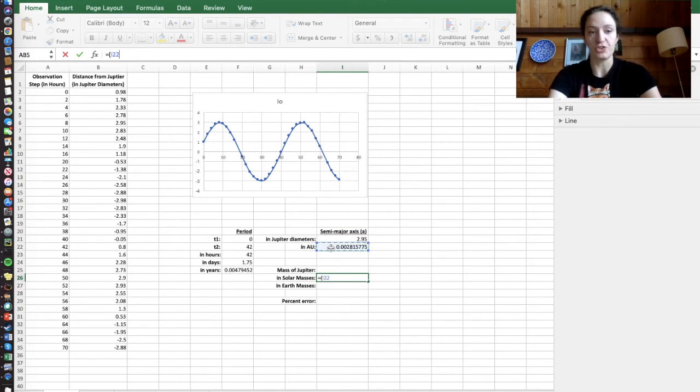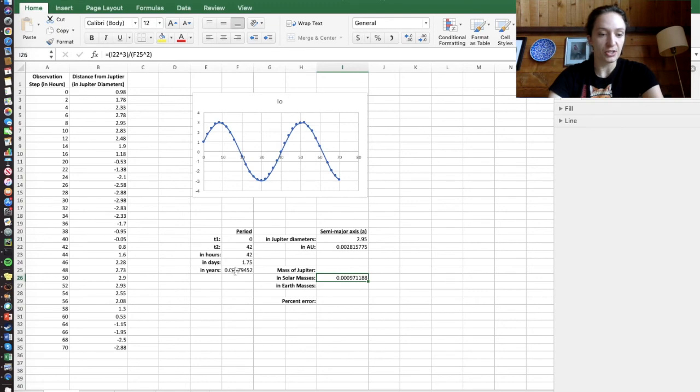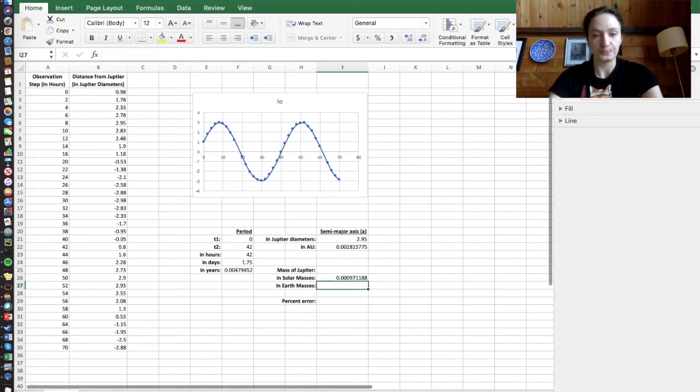Raised to the power, which is a caret, you do shift 6. Raised to the power of 3, close parentheses, divided by parentheses, the period in years, raised to the power of 2. Enter. There's my mass in solar units. So you're going to do that for all of your moons.